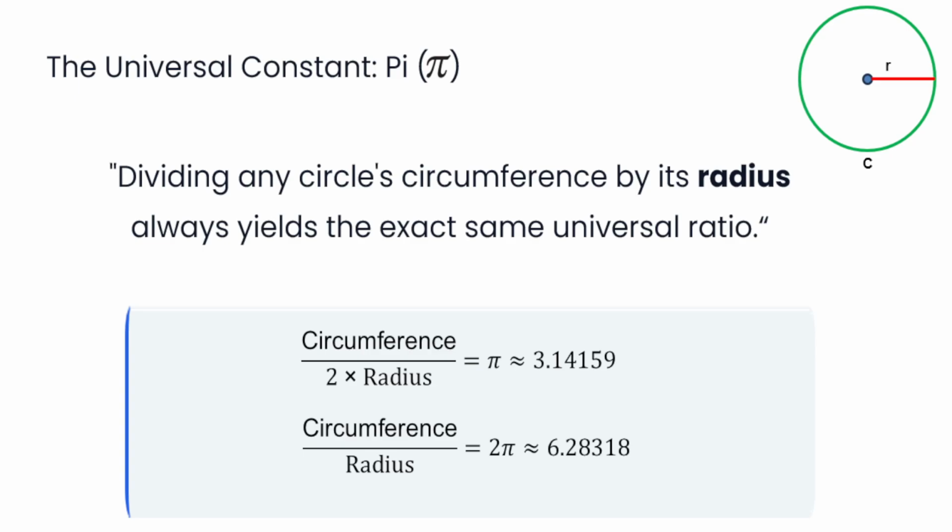This naturally leads us to one of the most useful formulas in geometry. Because the ratio of the circumference to the radius is 2 pi, it means if you want to find the circumference of any circle, you just multiply 2 times pi times the radius. Let's prove all of this visually in GeoGebra.